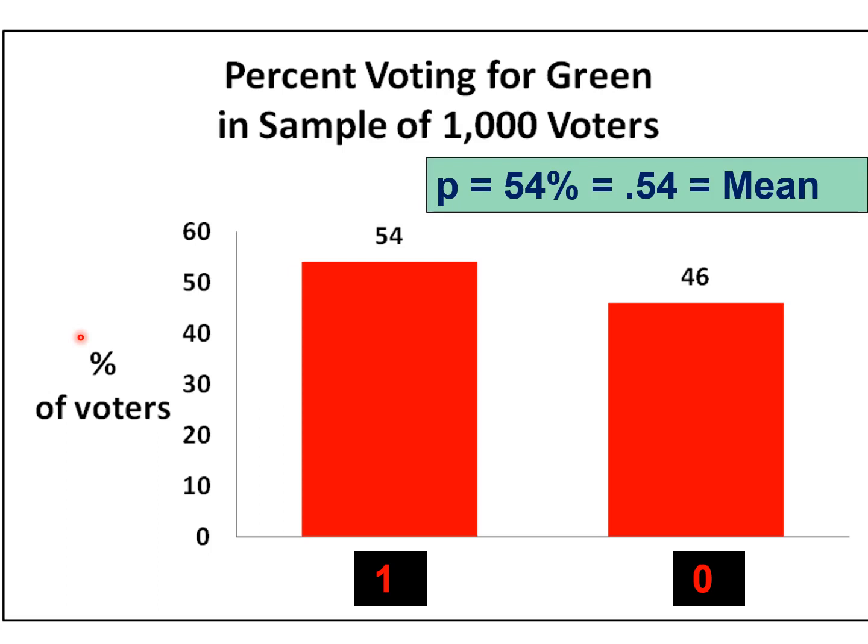The proportion of voters in the sample who are voting for Green is 54%, or 0.54. In other words, P is equal to 54% or 0.54, and because this is a Bernoulli variable, the mean must also be equal to 0.54, or in other words, it's also equal to P.